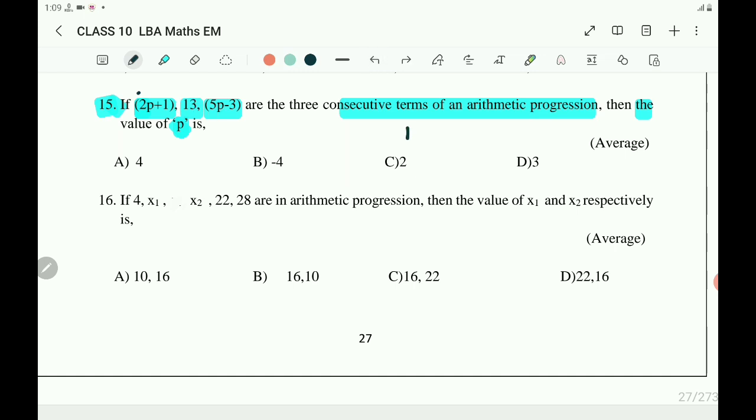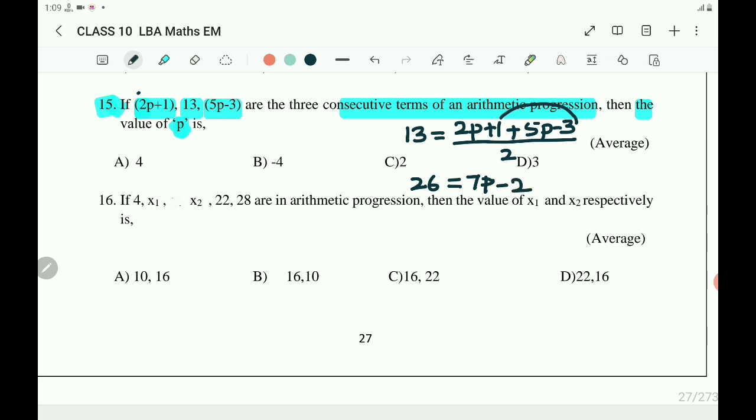So, here 13 is equal to what? 2p plus 1 plus 5p minus 3 divided by 2. Do the cross multiplication. 13 2s are 26 equals, add this 2p and 5p, that is 7p, and 1 minus 3 is minus 2.